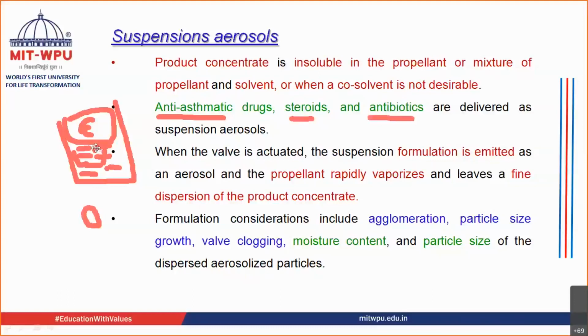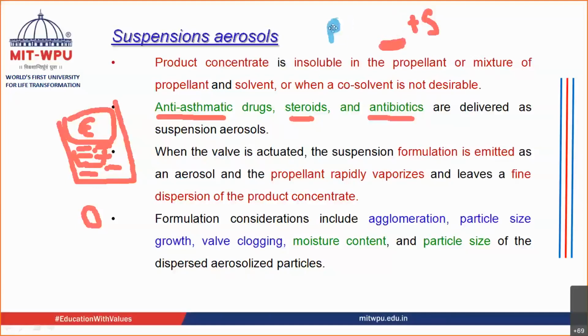Now when the valve is actuated, this suspension emits the formulation, and what comes out of the actuator is your propellant along with your solid particles. This propellant vaporizes immediately, so it goes off.